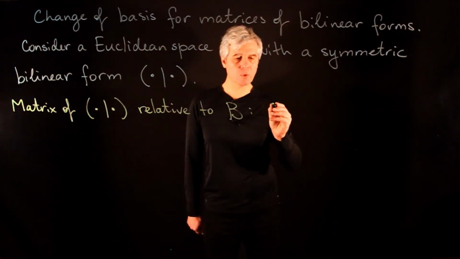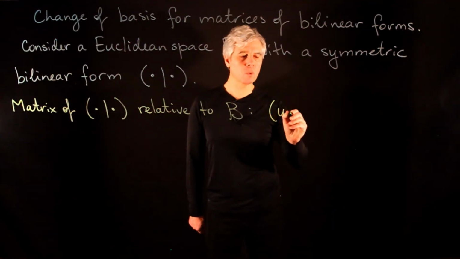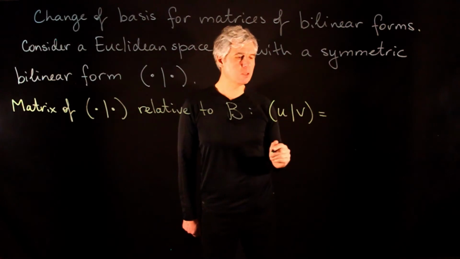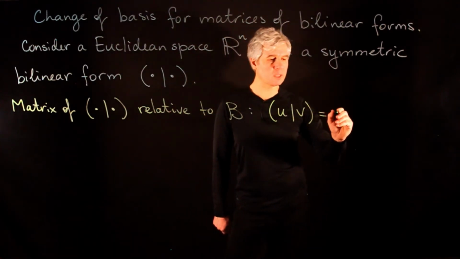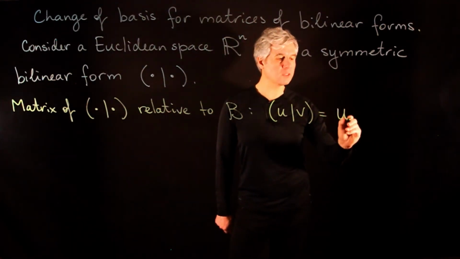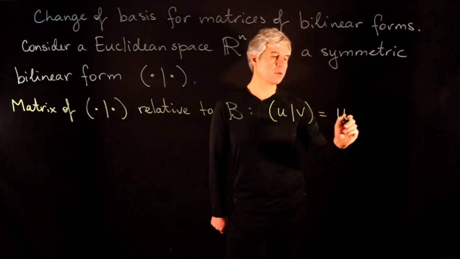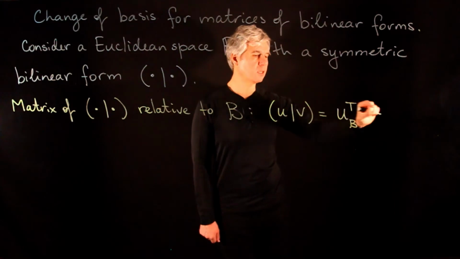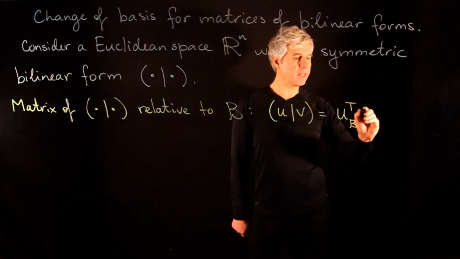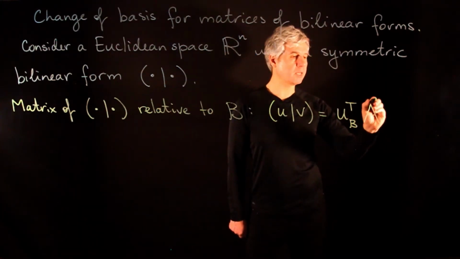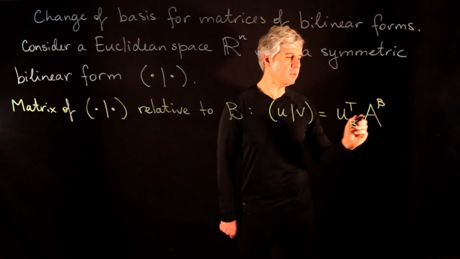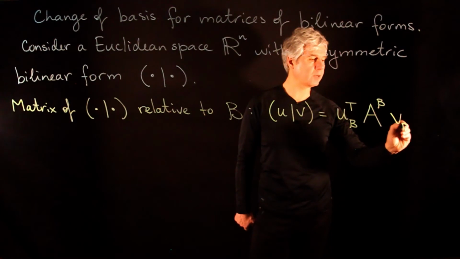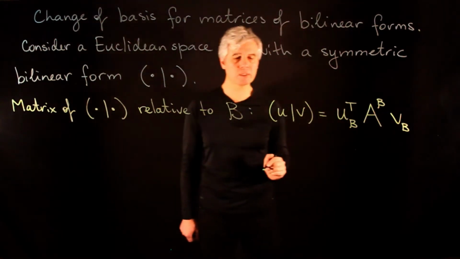So this means that for any two vectors u and v in Rn, the value of the bilinear form is given by the coordinate vector of u relative to the basis b transpose. So we take the coordinate vector and convert it into a row. Then we have the matrix of the bilinear form relative to the basis b, A^b, and then we have the coordinate vector of v relative to basis b.